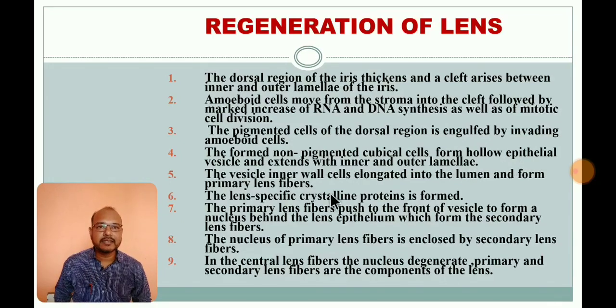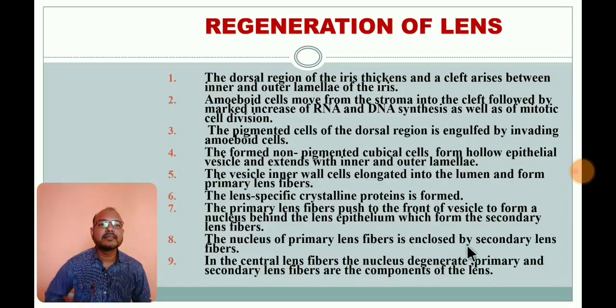The vesicle's inner wall cells elongate into the lumen and form primary lens fibers, with lens-specific crystalline proteins. The primary lens fibers go to the front of the vesicle, and the nucleus of the primary lens fiber is enclosed. That is the regeneration of the lens.